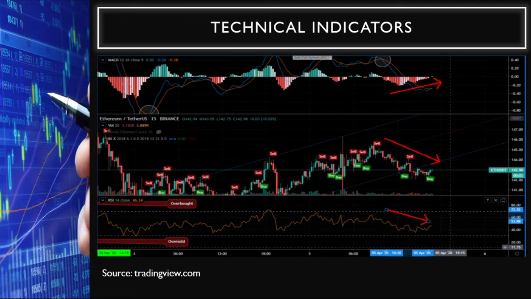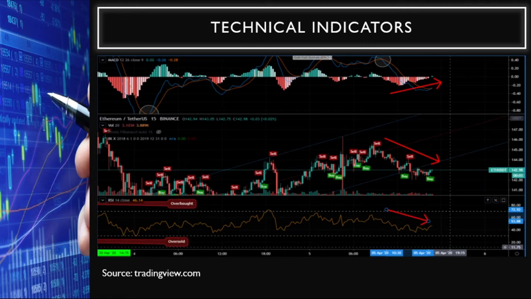And nakita natin na tumama na yung presyo sa support mo. Nag-resist na sa support mo. Then we can say na potentially it is actually possible that the trend will be reversed. Okay? So that is how we use technical indicators to potentially do a position or pumasok sa isang trade. So, yan. Those are MACD and RSI.